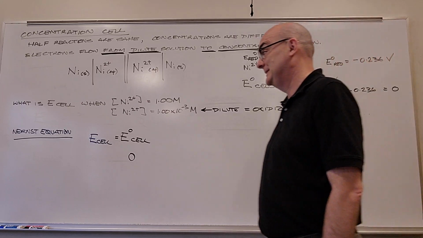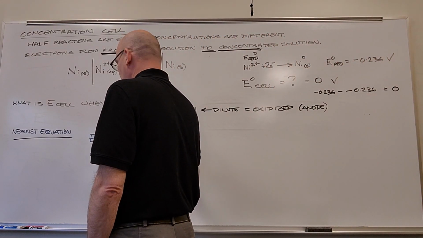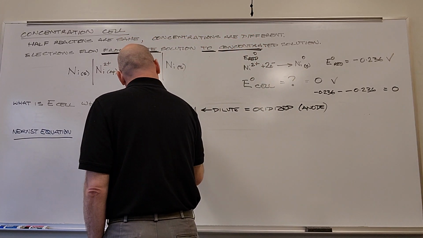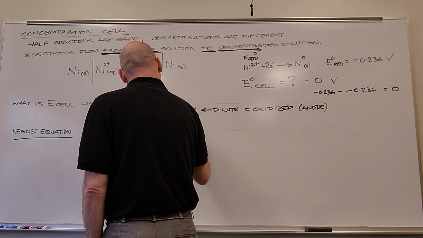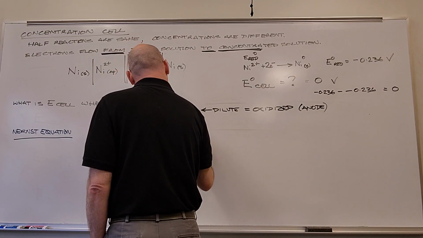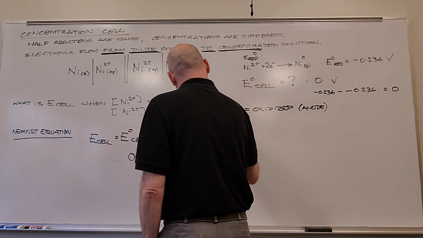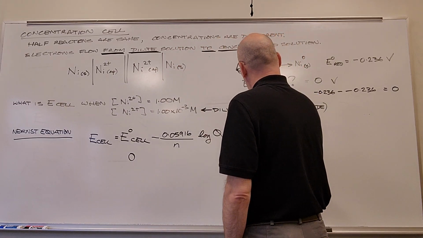Right, the cell potential is 0. And then I'm going to subtract from that 0.5916 over n log of Q. And there is a convention for Q.